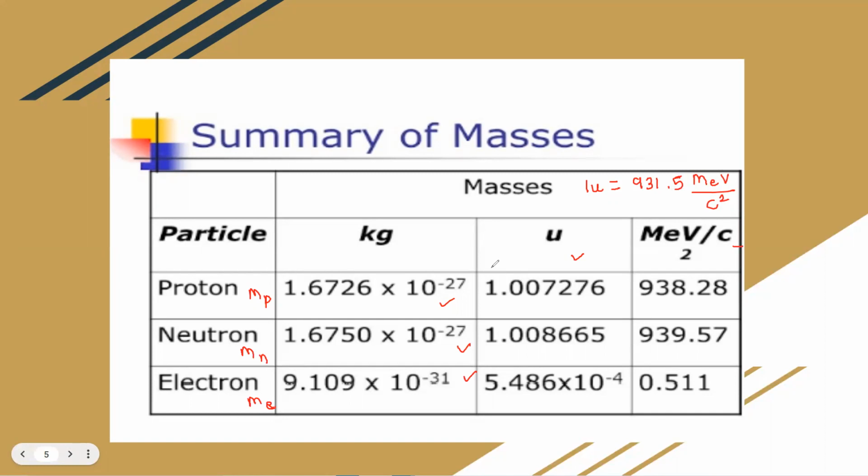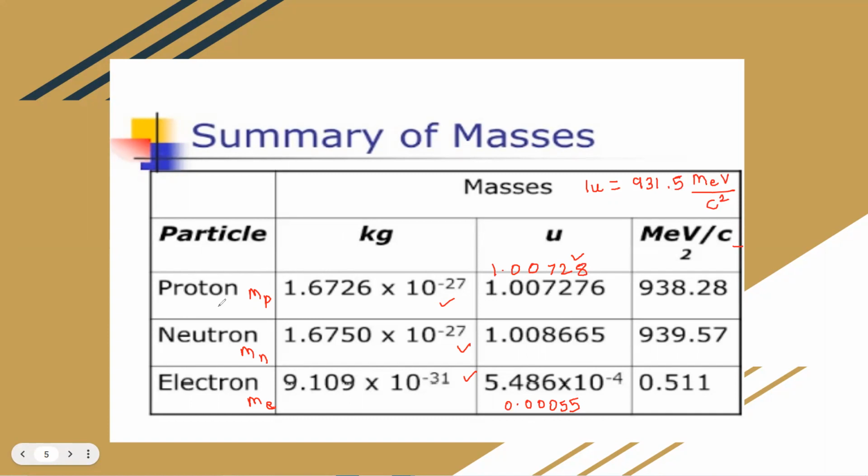Many times you will find that we just round off and write 7 to 8, similarly here also and below also. So we are going to use these constants again and again while solving sums. And here the mass of electron you can write this way also: 0.00055.